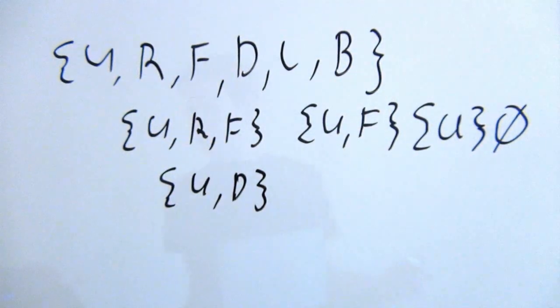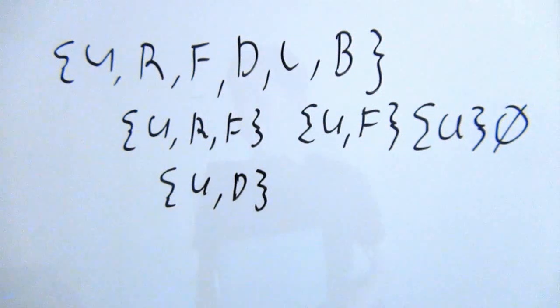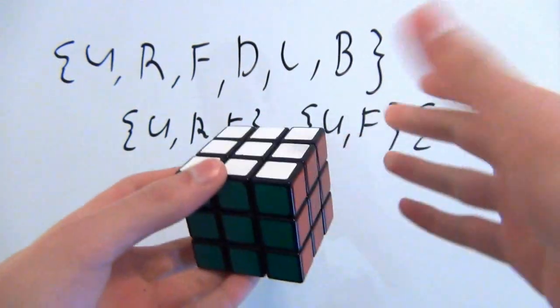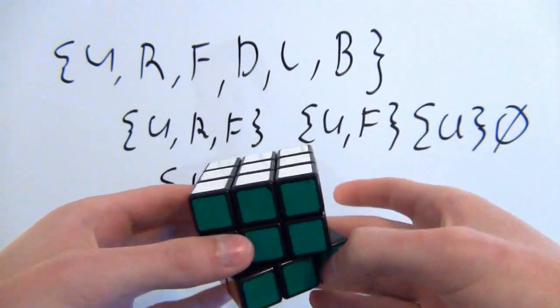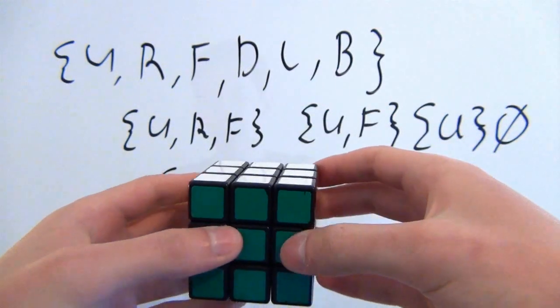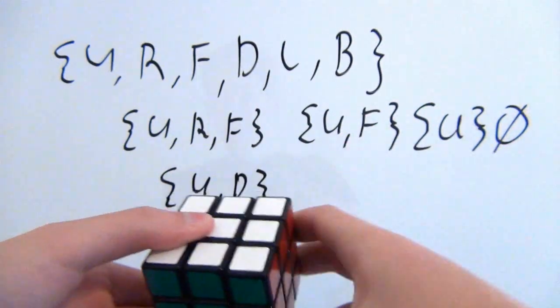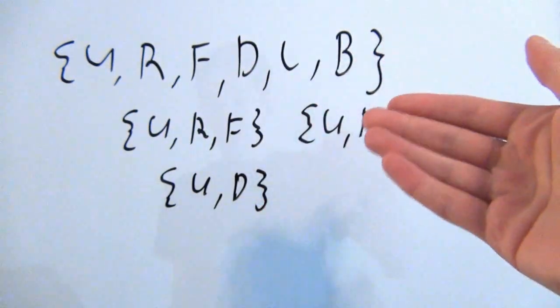Well, if we think about this grip signature here, this is telling us that we have a piece type which moves with the U grip and the D grip and doesn't move with the other 4 grips. But on a regular 3x3, that doesn't exist. There is no piece that moves with both U and D and doesn't move with the other 4. We don't have that.